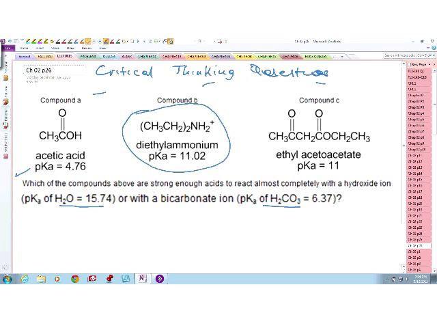You're telling us that's the answer, but you want us to tell you why it's there? I said I was going to do this, and then I want you to do the other two. Because you have 3 molecules here. They want you to determine which one of them will react completely with either hydroxide ion or bicarbonate ion.